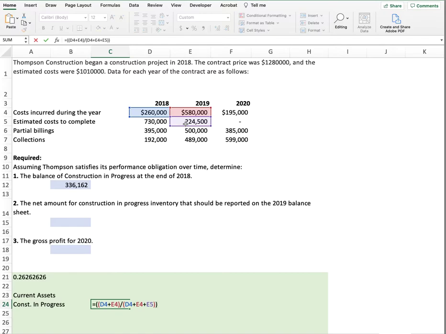Again, so now we're doing the same thing where we're getting a percentage like we did before. So I'm going to go ahead and say enter so we can see that. So we have 78.91%, and we're multiplying that again by 1,280,000.